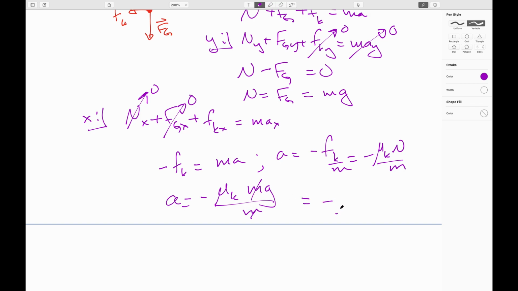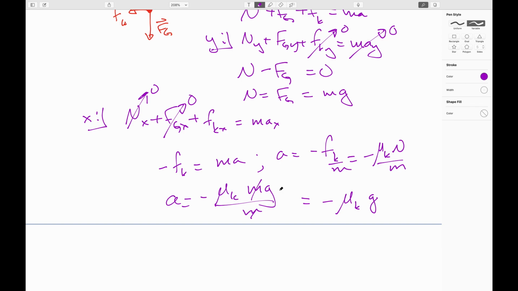You get that this is minus mu_k g. Now g has units of newtons per kilogram, but that's dimensionally the same as meters per second squared, so we're good there. And we got our minus sign, so I can just plug that right into the kinematics equations, which always assume it points right until you plug in the minus signs later.